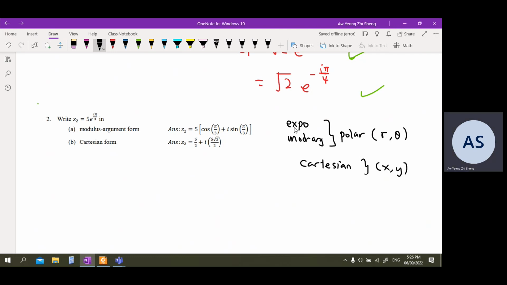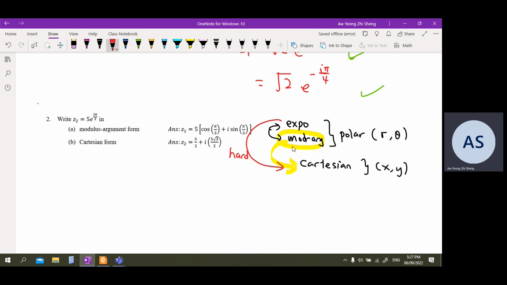Okay, so to convert between exponential and modulus argument form is actually a very easy thing to do. And if you need to convert from polar to Cartesian, it's actually easier to convert from modulus argument to Cartesian. To convert from exponential to Cartesian directly is actually very hard to do.